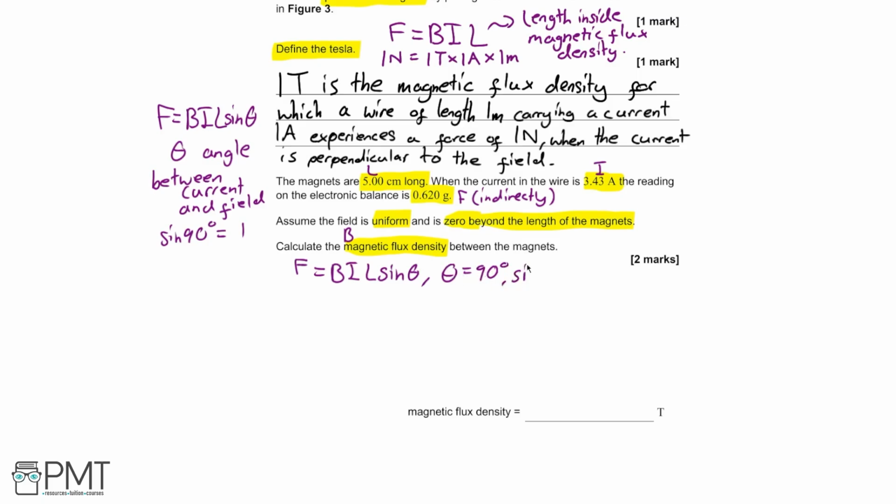Therefore, sine theta is equal to 1, as we discussed earlier in the question. Therefore, we can simplify to F is equal to BIL. From here, we can rearrange this equation for B. So we have that B is equal to F divided by I times L.